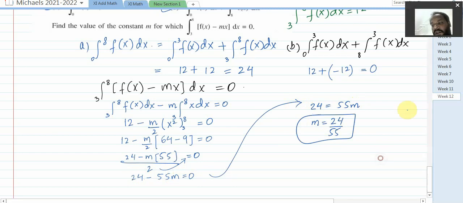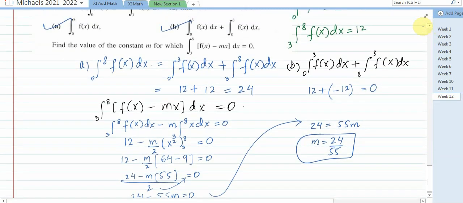Alright, so I hope that now you have a clear idea how to solve such questions in which we need to swap the limits according to the requirement of the question. And now you need to write down the complete solution in your lecture copies, and for this you have a time of 4 minutes. So start.